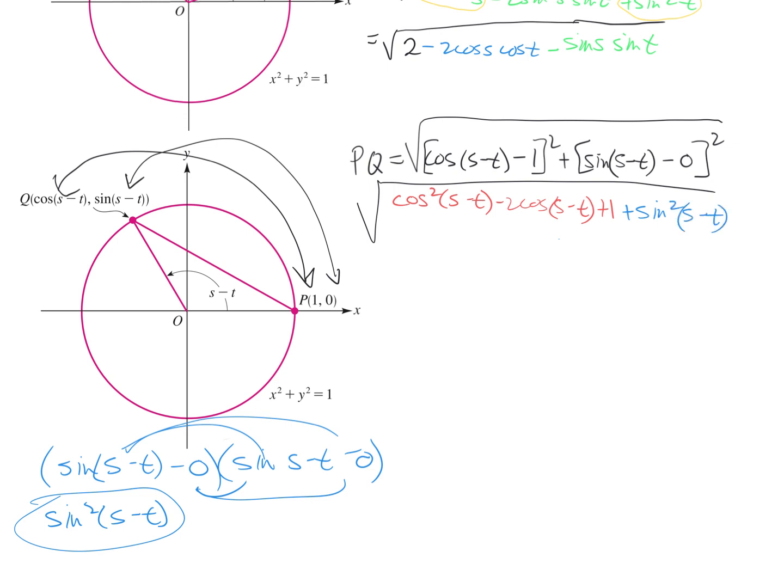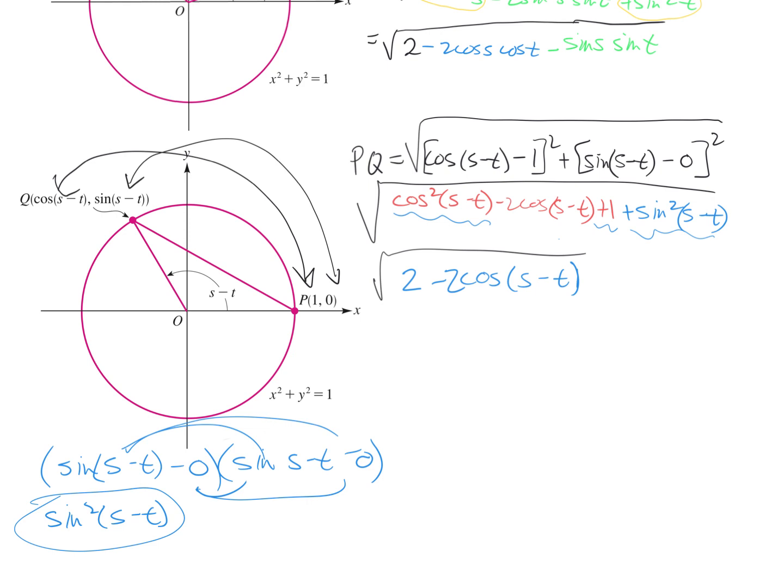Once again, cosine squared of an angle plus sine squared of the same angle is going to be 1. And we have a 1 here. So altogether, if I simplify this, I have 1 plus 1 is 2, minus 2 cosine of s minus t. I'll put that under a black one there. That's great. So PQ is equal to all of that.